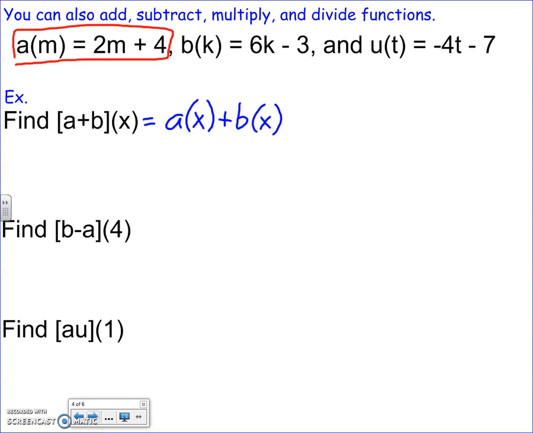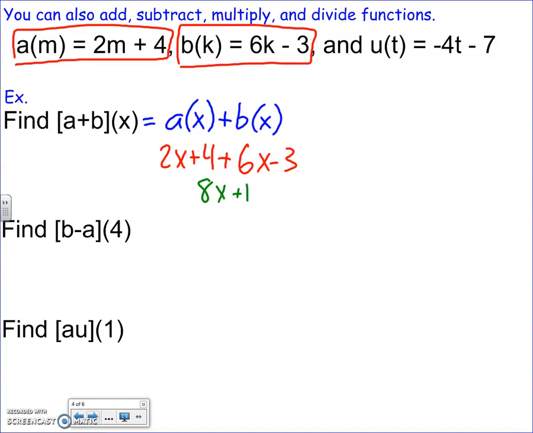So a of x really just is 2x plus 4, because I'm replacing m with x. Then plus, I'm going to go to b of x now. So here, I'm going to replace k with x. So it'd be 6x minus 3. I can combine those. So that will give me, let's see, 8x plus 1. That's a plus b of x.